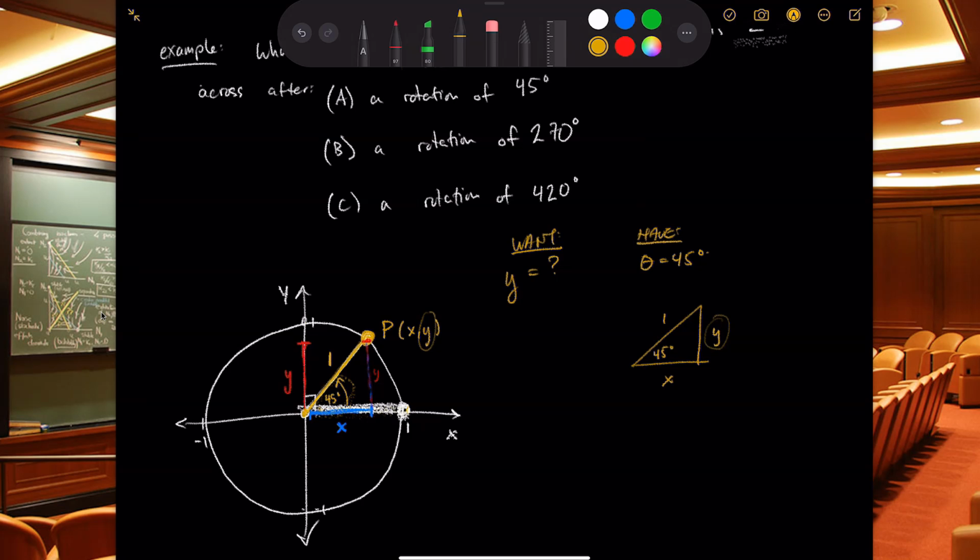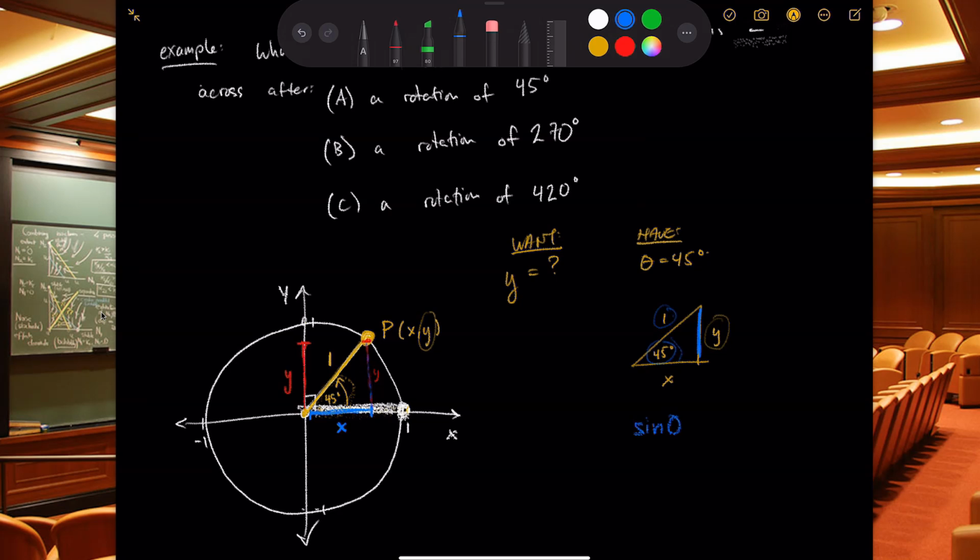So what relates this height y to the other information that I have? Well, I don't know x, so I don't want to include another unknown unless I have to. I know this and I know this. Is there something that relates the height of this triangle to the angle and the hypotenuse? Yes, there is. It's the sine.